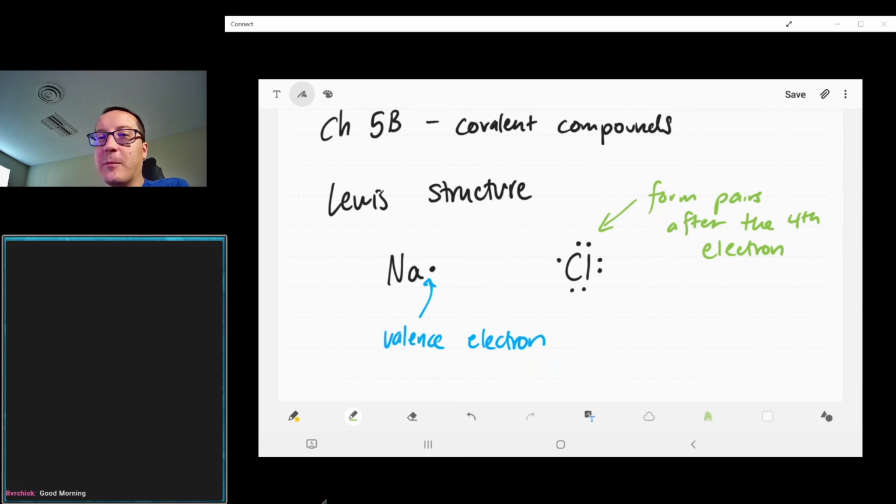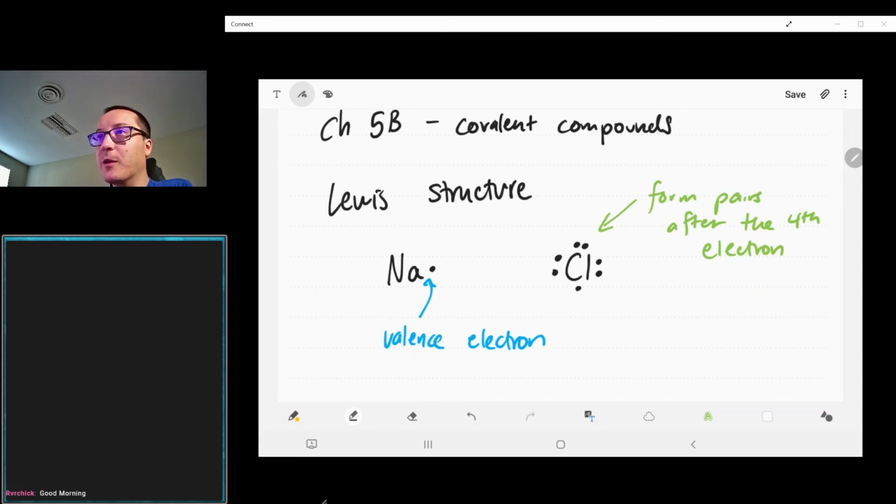You know how we filled them out singly before we started pairing them off? The same thing would be true here as well. So if I were to really draw the chlorine step by step, we would put an electron here, then one here, then one here, then one here. So that's 4. We have 3 more to give. And then we would start pairing them off after that. And so we're going to see that that's going to be important later. Of course, it does not matter which one we pair off. We could have instead left that one at the bottom lonely.